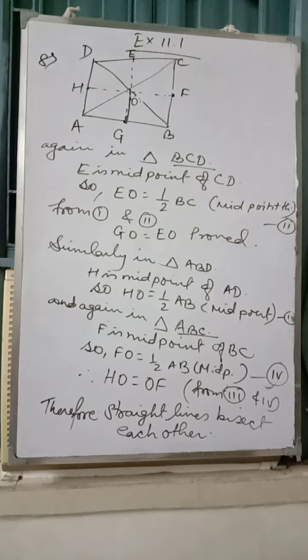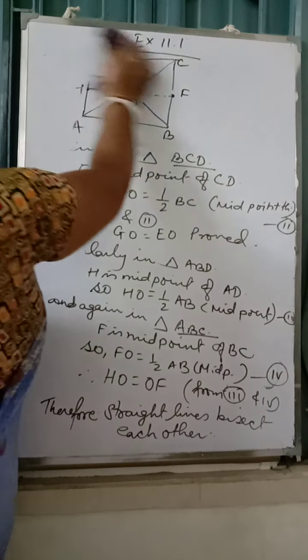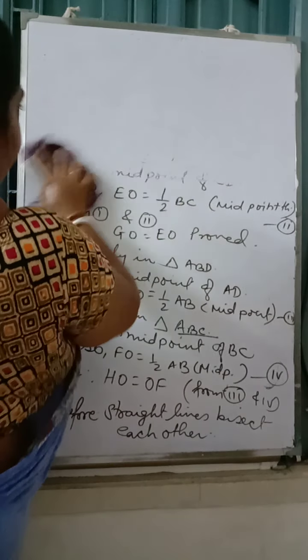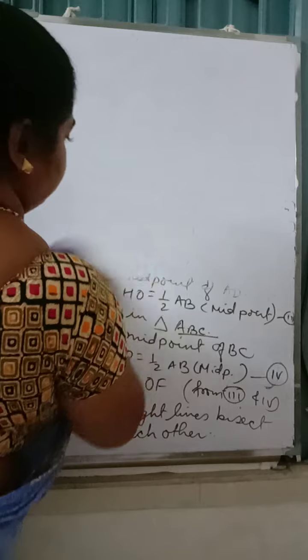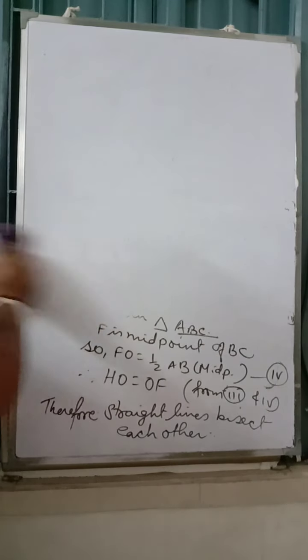Now, you just look at question number 9. I'm just explaining it. You must write it up. Okay. Now the question says the diagonals of a quadrilateral intersect each other at 90 degrees. Now the figure would be like that. You should start writing.